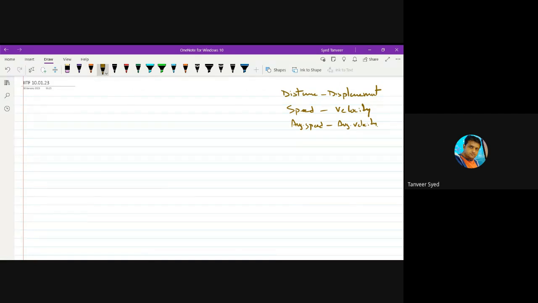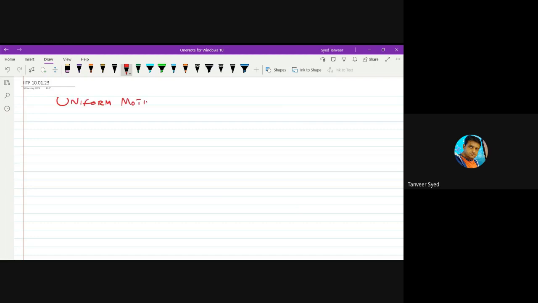After this, next we should understand two types of motion, which are uniform motion, non-uniform motion.